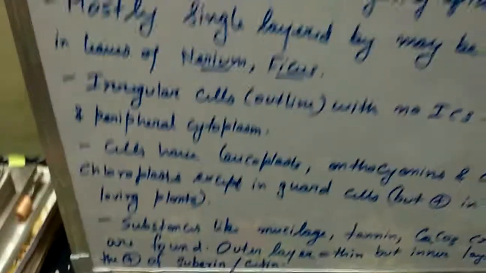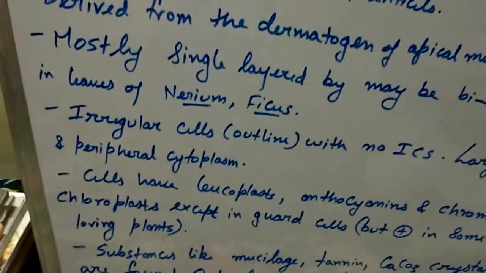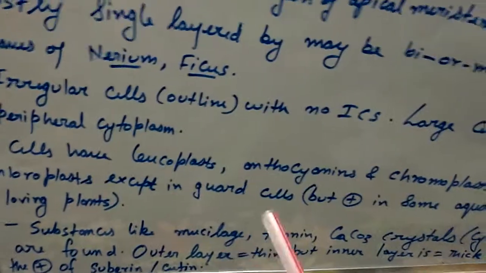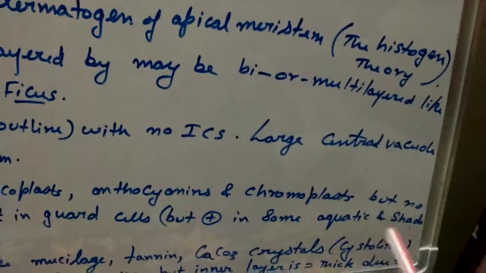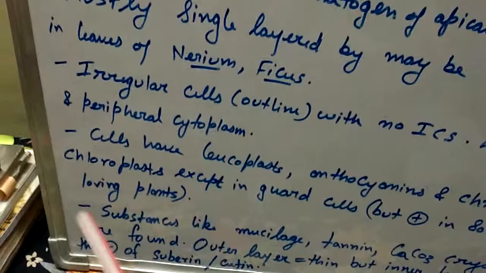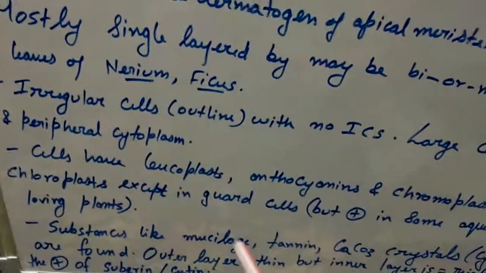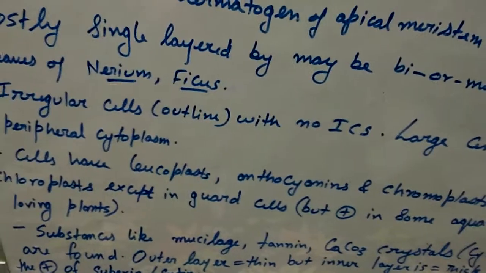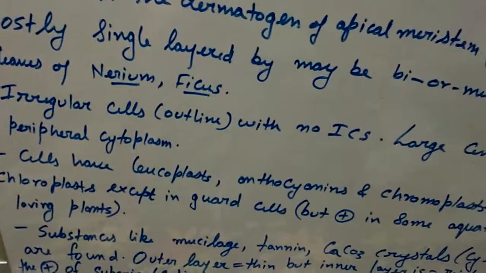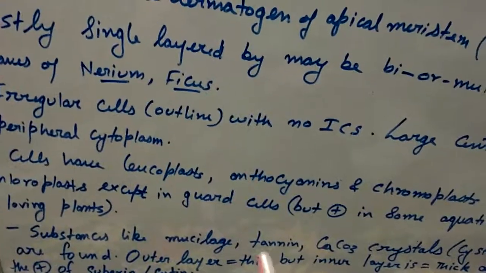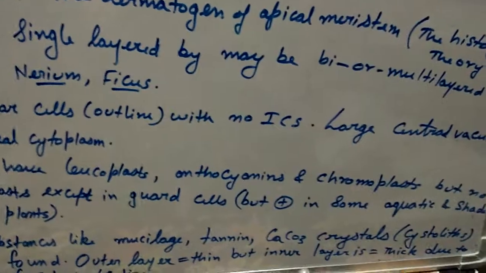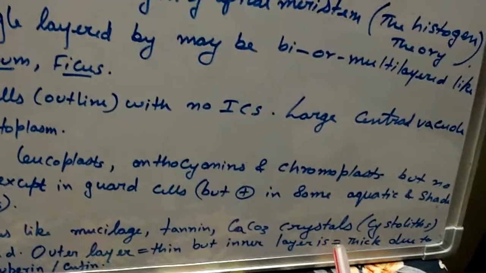So cells of epidermis generally have plastids like leucoplast, anthocyanins, and chromoplast, but they mainly lack chloroplast, except in case of guard cells. Guard cells are surrounding stomata, so guard cells have chloroplast, and chloroplasts are also found in the epidermal cells of some aquatic and shade loving plants.